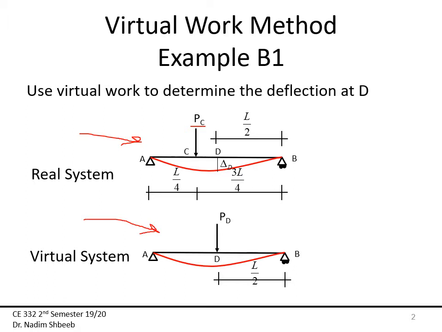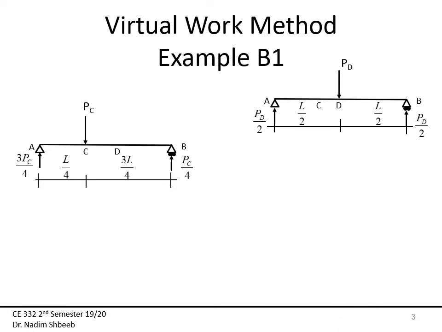Okay, so with that, we will first find the reactions for each system. This is my real system, and this is my virtual system. As you've seen, I found the reactions for each, and now I would like to start finding the moment function.